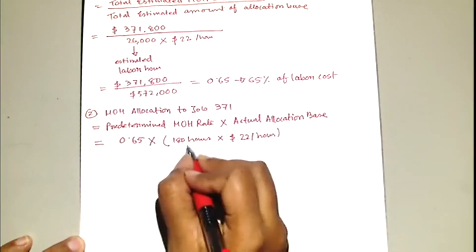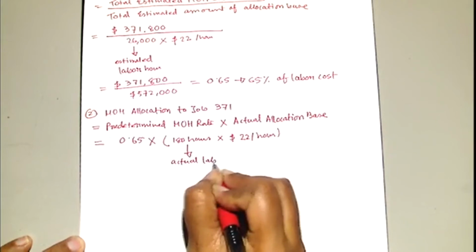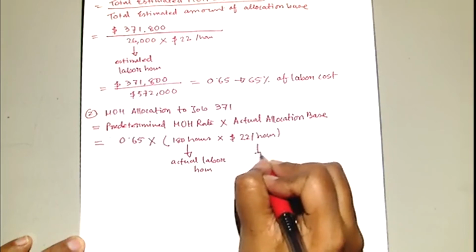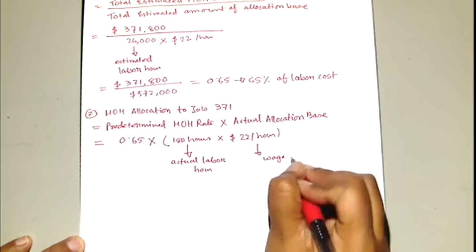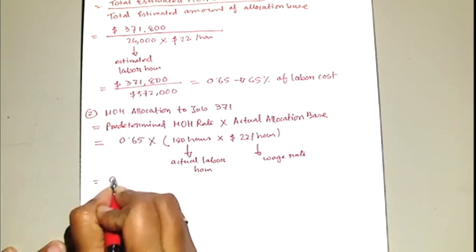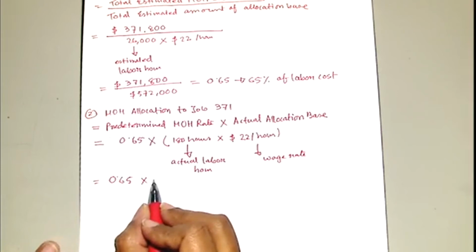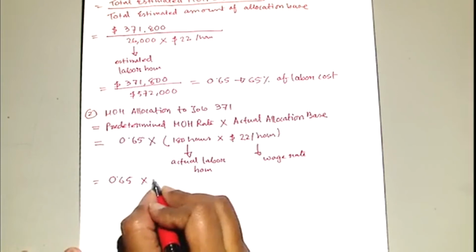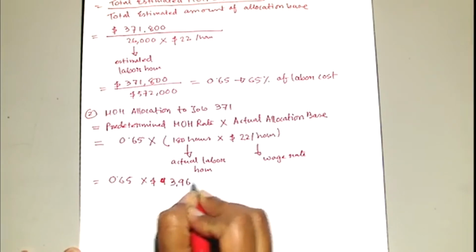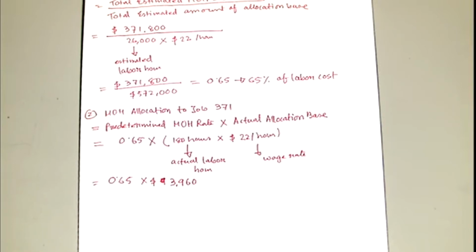So this is your actual labor hour, and this is your wage rate. If you multiply these two, you will find your actual labor cost. Who can tell me 180 times 22? Yes, Paul, please. 3,960, am I right? Okay, good. So this is your actual allocation base.